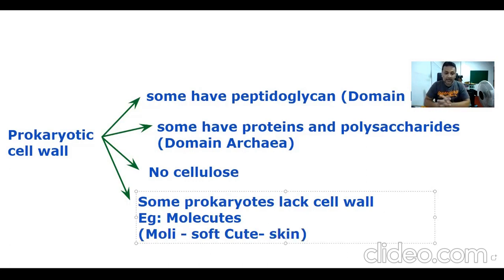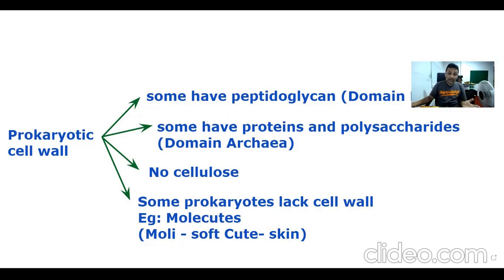So they are soft skinned, without a cell wall, because of the plasma membrane. We call them by the word mollicutes. These ideas are important for you regarding the prokaryotic cell wall, right? So the first statement: flagella not found in all the prokaryotes. The second component: cell wall not found in all the prokaryotes.